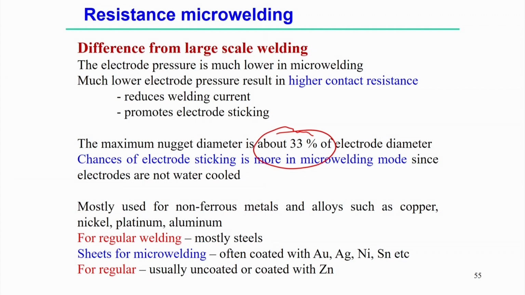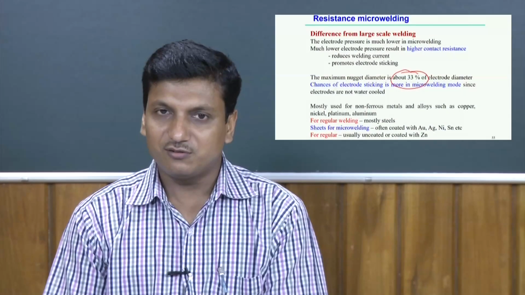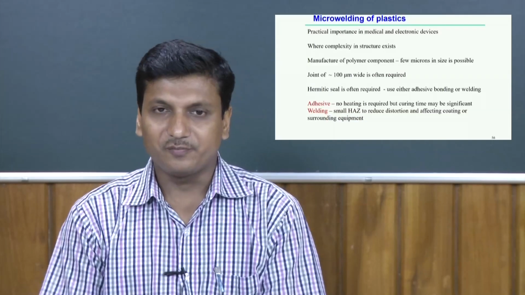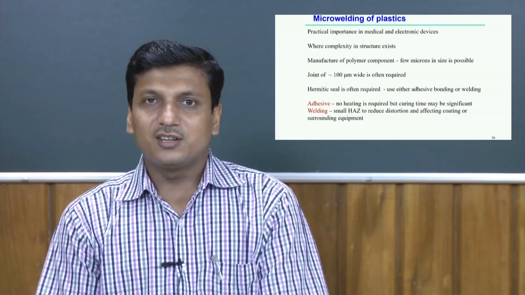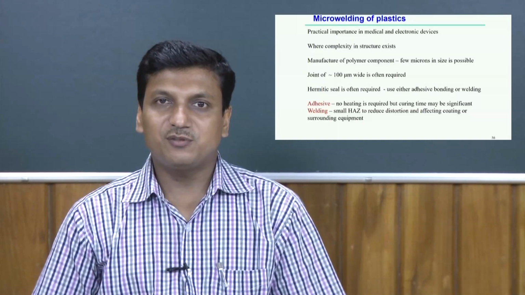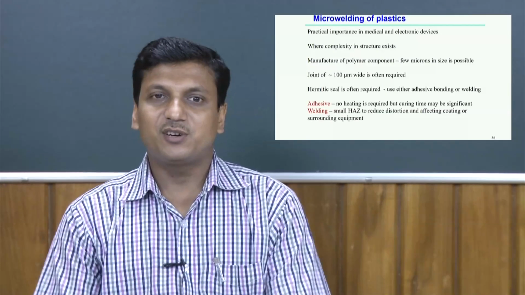For conventional welding processes, uncoated steel or steel coated with zinc is usually welded. That type of metal is mainly applied in conventional welding processes.